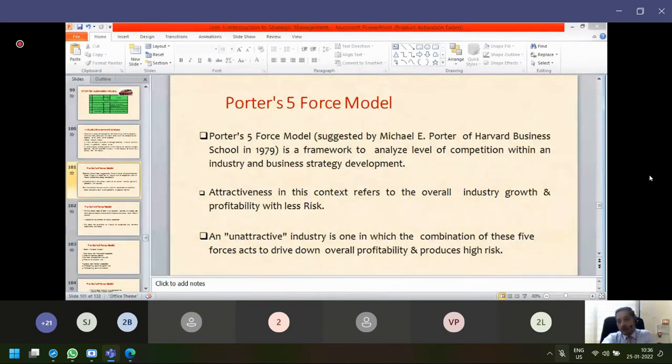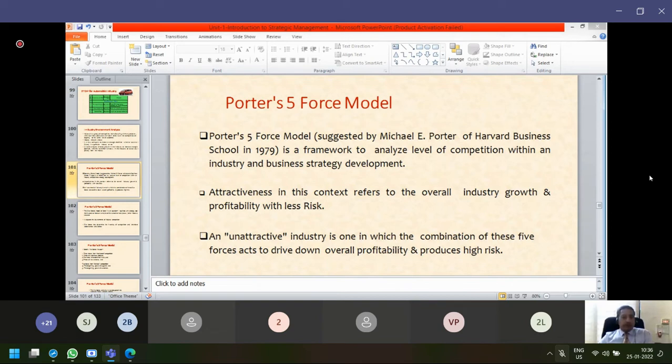What Porter is saying is he has given 5 forces that are very important to be studied when we are talking about industry. He has framed these 5 forces into one model, popularly known as Porter's 5 forces model. We will have to understand this model and how it helps to analyze the industry.